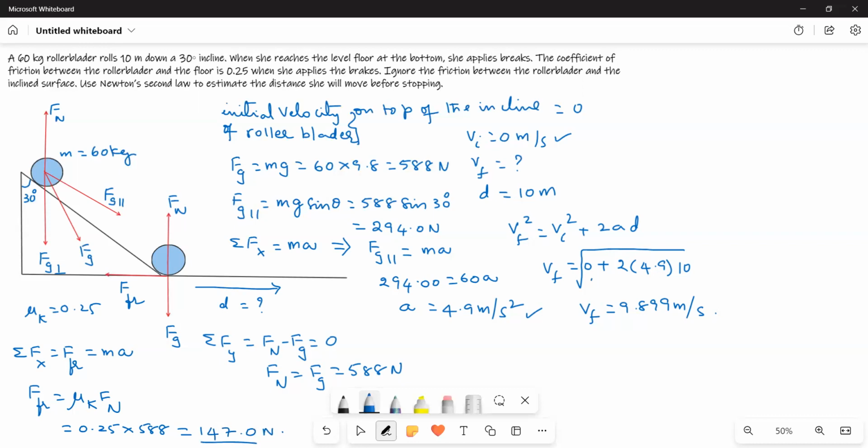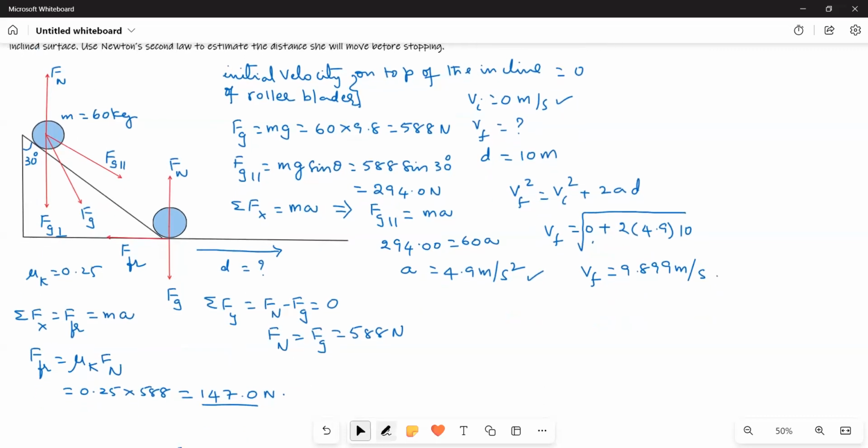This is the F friction, and F friction is equal to ma. So 147 is equal to 60 times A. I take this as the negative direction, so A is equal to negative 2.45 meters per second square.